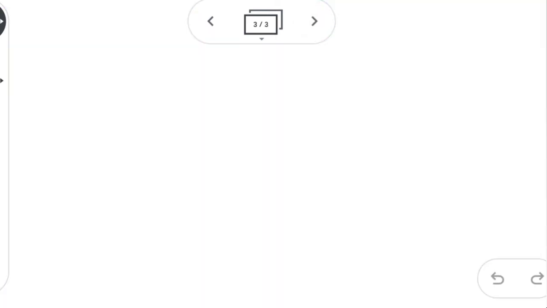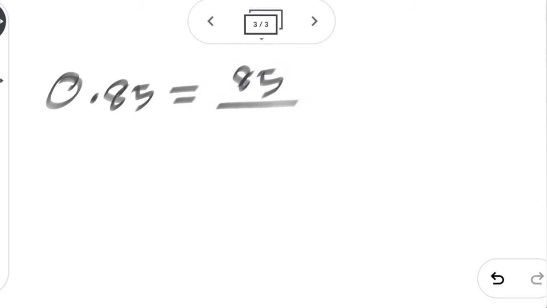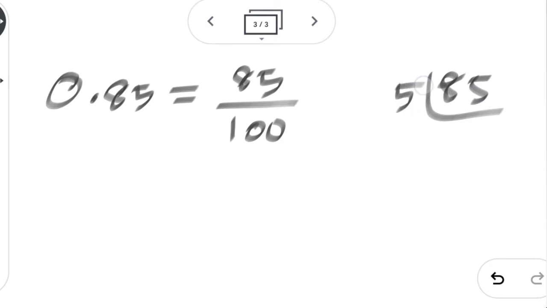Now consider another example with the terminating decimal, 0.85. 0.85 we can write as 85 by 100. Now factorize 85 and 100. 85 we can divide by 5, that gives 17.